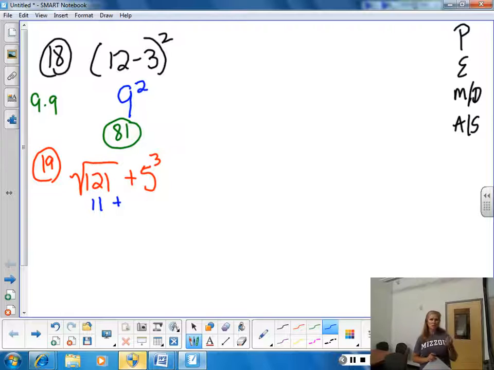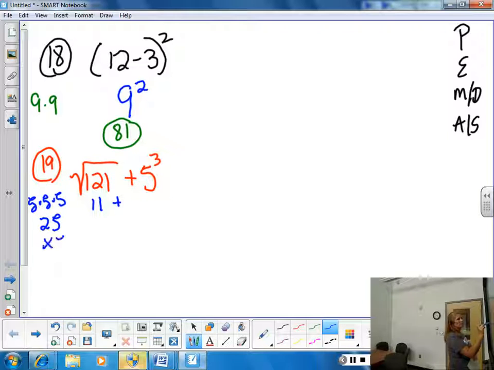And then we're going to do 5 to the third power. 5 to the third power is not 15. What it means is 5 times 5 times 5. You don't have to be able to do that in your head. 5 times 5 you might be able to do in your head is 25, and then 25 times 5. 5 times 5 is 25, and 2 times 5 is 10, plus 2 is 12.